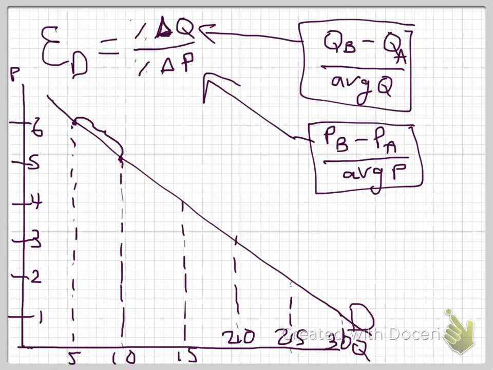And so what we're going to do is for each arc that we want to choose, we are going to label a point. So I'll just label this one A and this one B for now. And we're going to find the elasticity on each one of these.